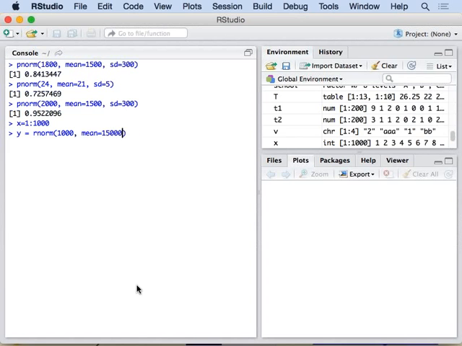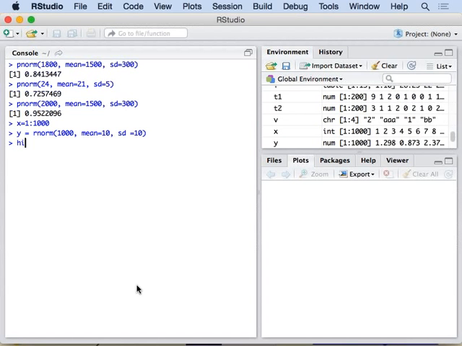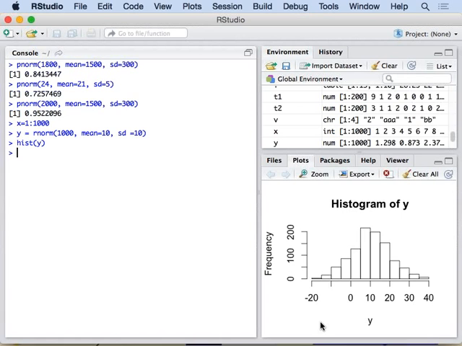Let's say the mean is 10 and the standard deviation is 10, and if I say hist of y, hist means compute the summary and plot it.